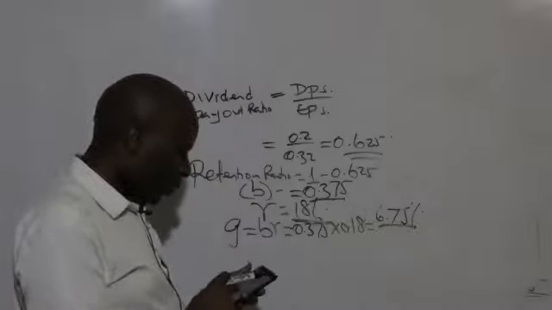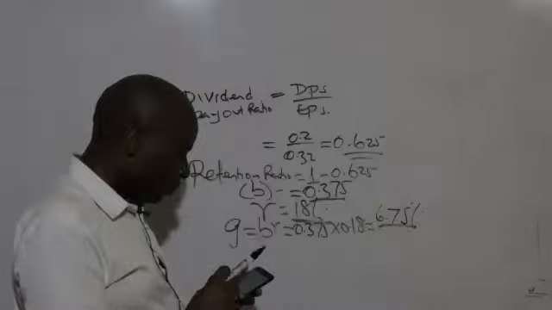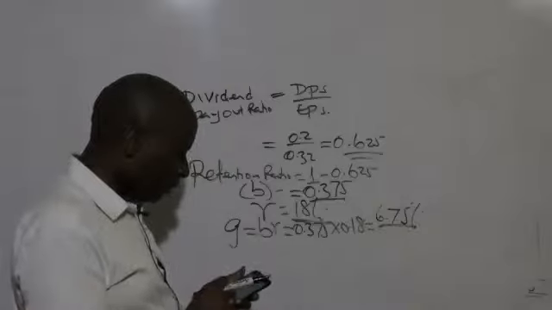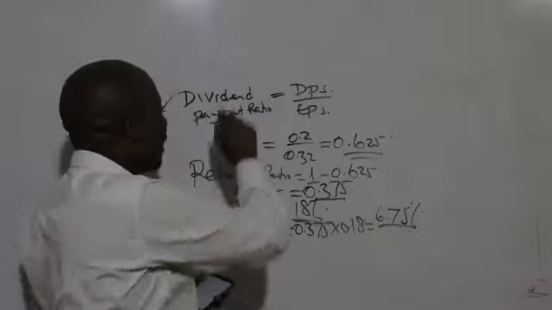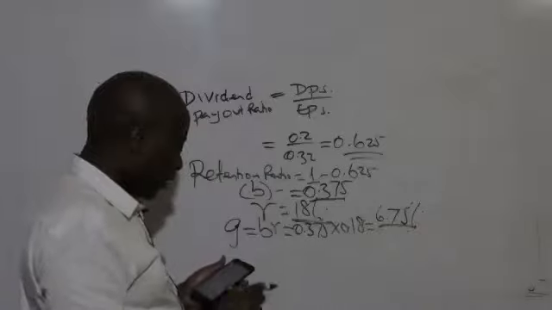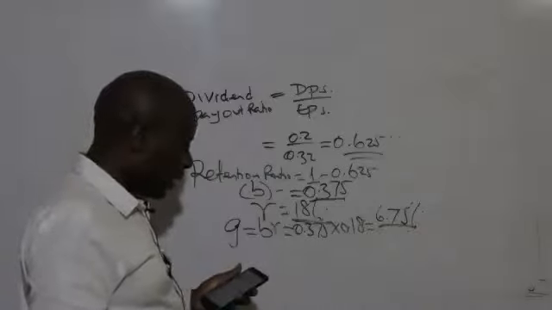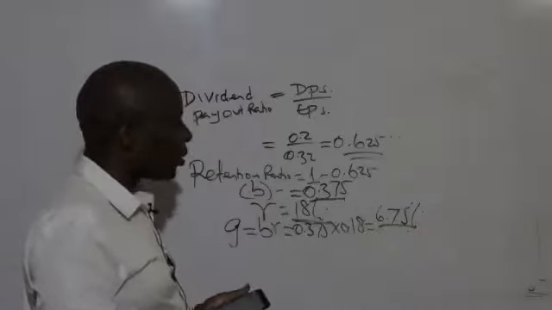Now straight away, they wanted us to estimate the rate of growth in dividends. That we have done very well. Now go to B, where they want us to estimate the cost of equity.